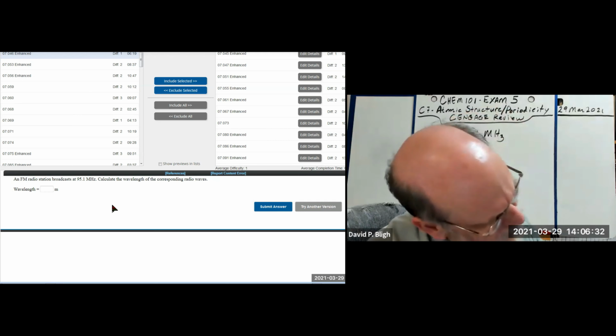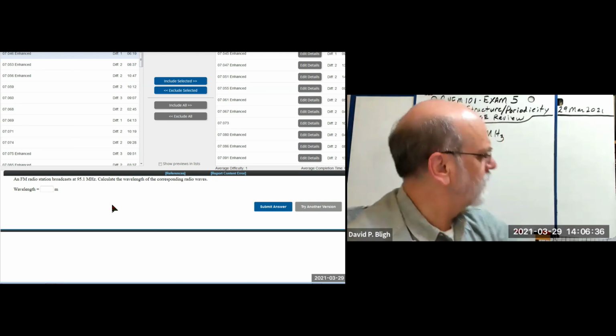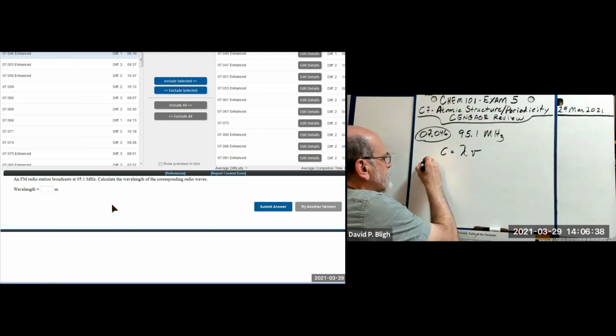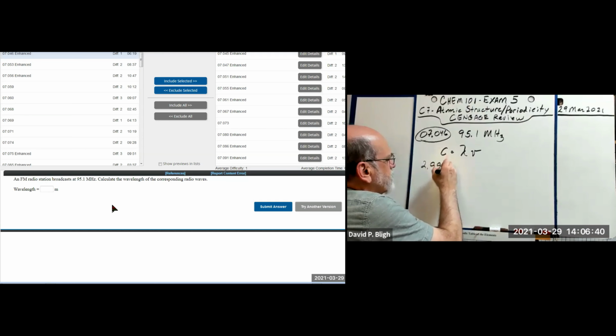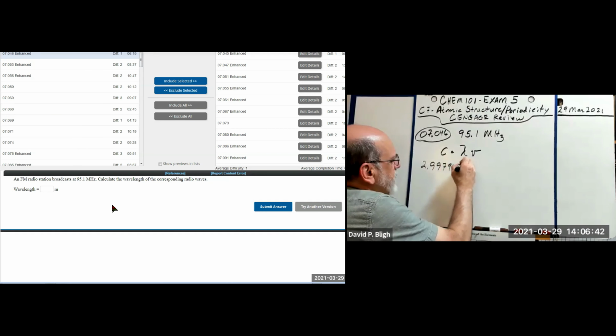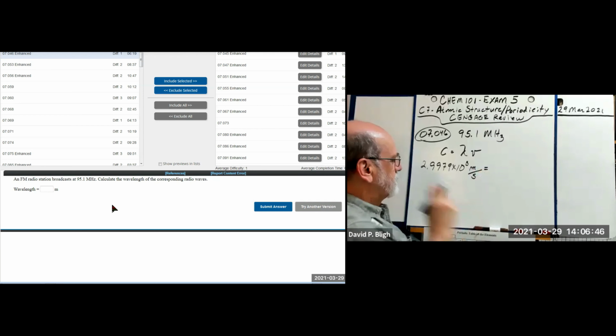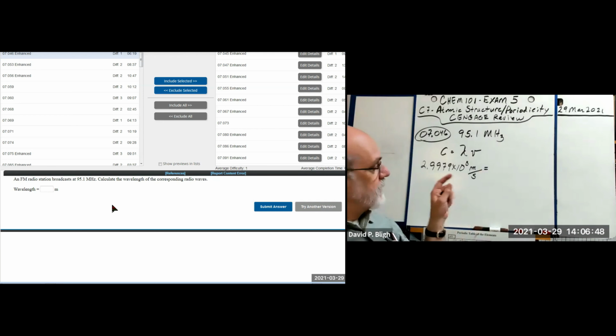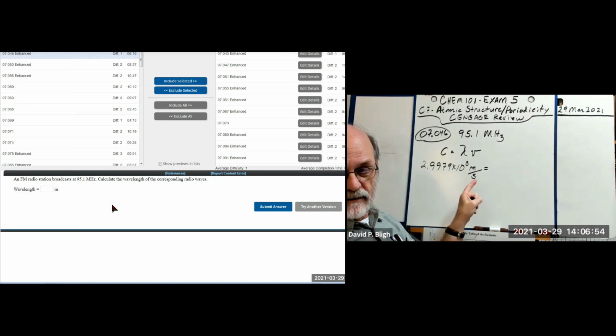This is 2.9979 times 10 to the 8th meters per second. So that means the wavelength has to be in meters, and the frequency has to be in reciprocal seconds, or hertz. Hertz would be the equivalent to that.